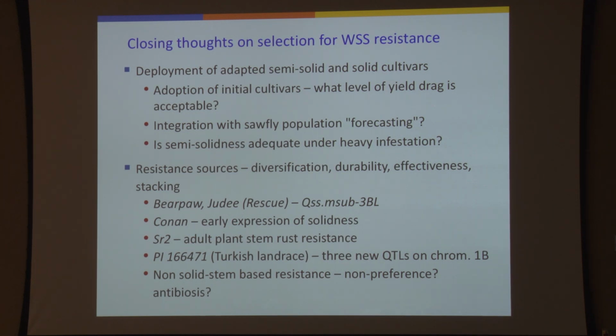One thing that's interesting, there's a stem rust resistance gene, Sr2, which seems to also bring with it resistance to wheat stem sawfly. I'm not sure if it's completely determined whether it's just close linkage or whether it's the gene itself that's affecting both traits. And then there's a Turkish landrace that has 3 new QTLs for resistance. So again, pointing out the importance of germplasm collections.